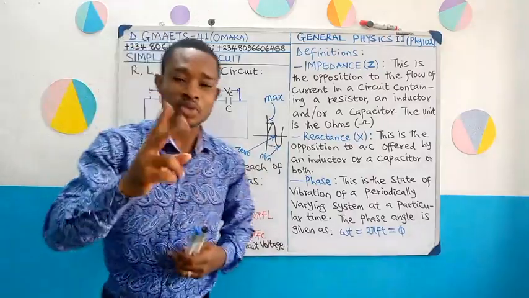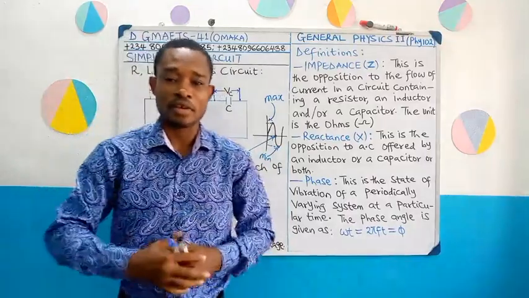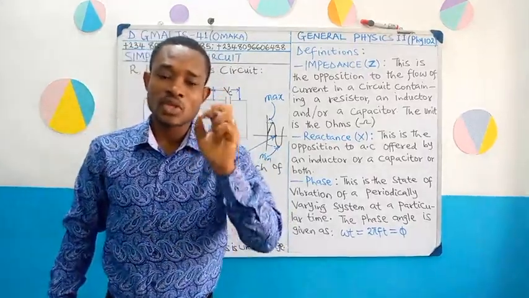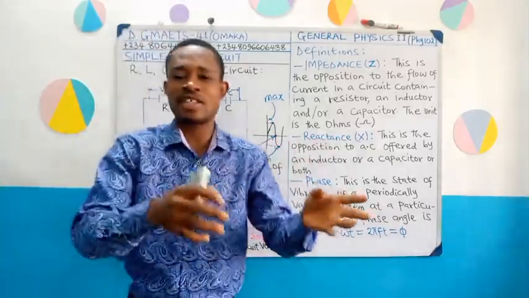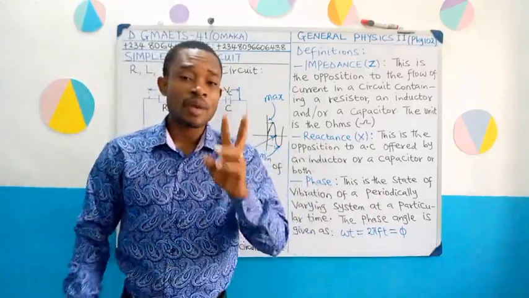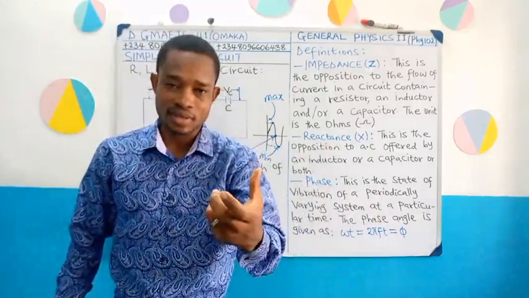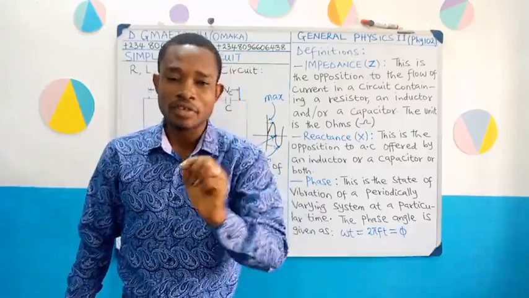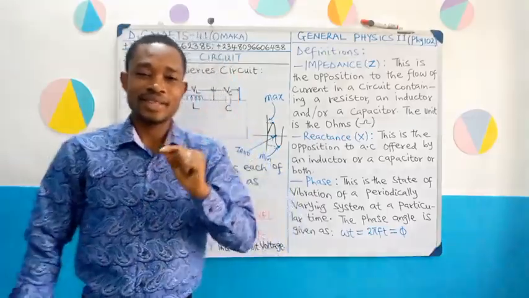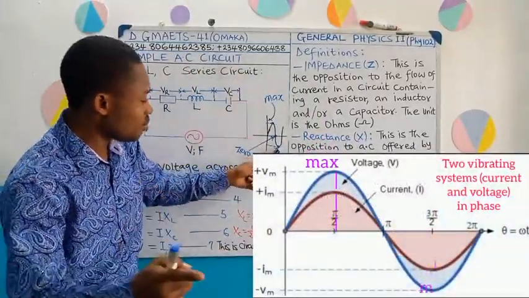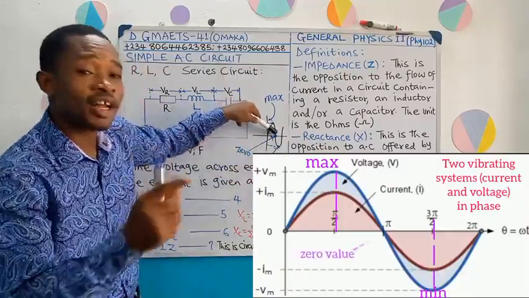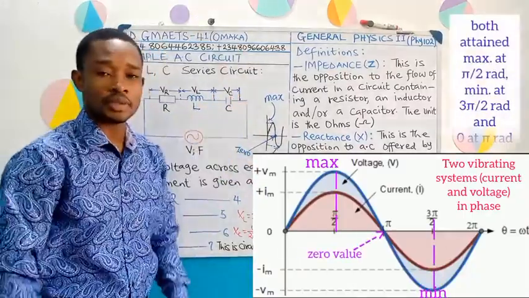If two systems, you can put this down please, what I'm about to say here. If two vibrating systems are in phase, because we've used that concept before, they are in phase, they are out of phase, you know. If two vibrating systems are in phase, it simply means that both of them reach their maximum, their minimum, and their zero value at the same time.